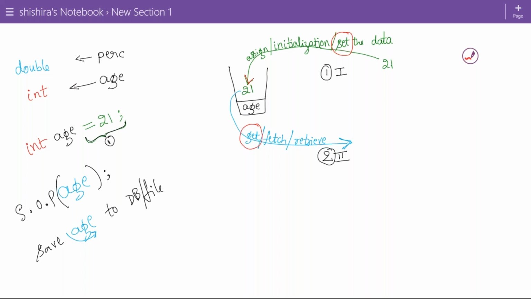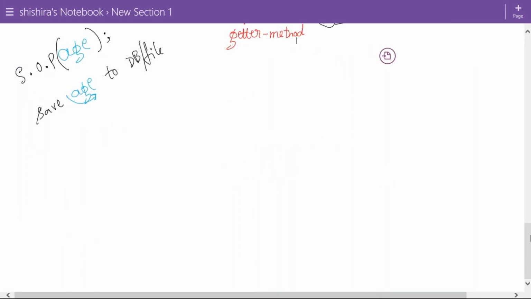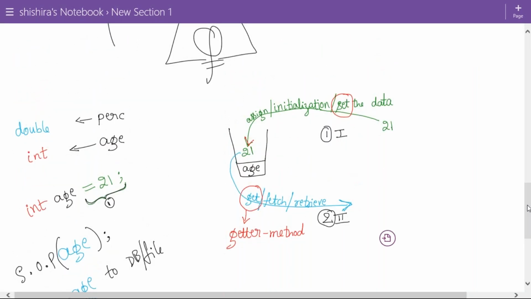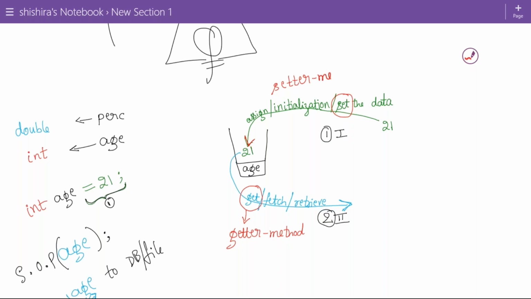For performing this, if I write a method, that method is called a getter method. We call it a getter method because you cannot access the data directly. Right now we made them private, hence no one can access that data directly, correct? So you have to access it by using a method. Such a method is called a getter method, and the method which is used to set the data is called a setter method.